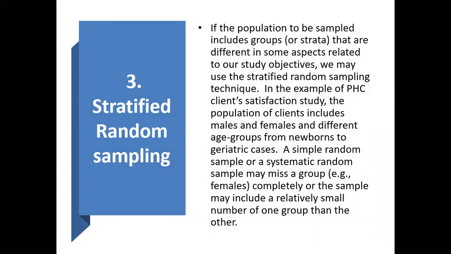In the example of the primary healthcare client satisfaction study, the population of clients includes males and females and different age groups from newborns to geriatric cases. A simple random sample or systematic random sample may miss a group, for example, female, completely, or the sample may include a relatively small number of one group than the other.